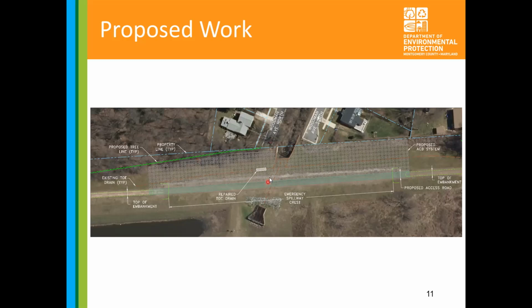And then as part of that, the toe drains, which serve to collect any water that may be seeping through the embankment itself. This is separate from the drains which will be installed during the overtopping protections, just to make that clear. During an inspection, we did notice that there was some damage. So while we're disturbing the area, we're just going to replace the damaged portion before throwing the ACBs over top.